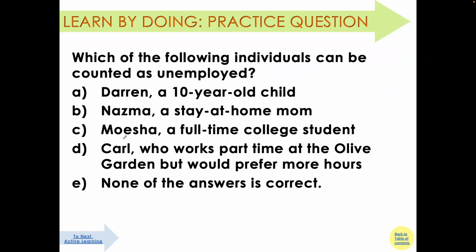Now this one is probably more applied or more interesting to look at. Which of the following individuals can be counted as unemployed? Number one, Darren, a 10-year-old. No. Why? He's younger than 16. He's not an adult. Number two, Nazma.